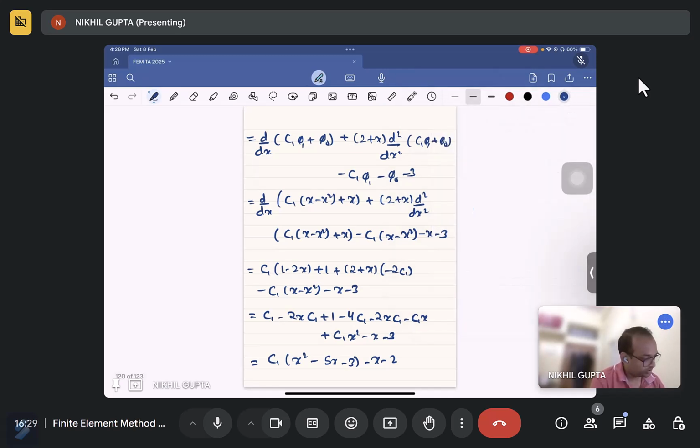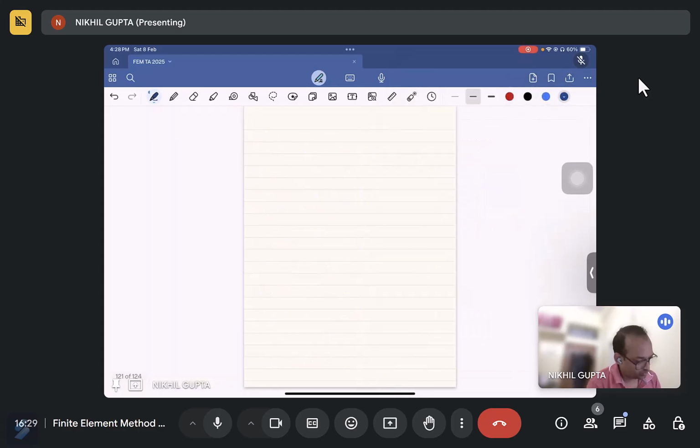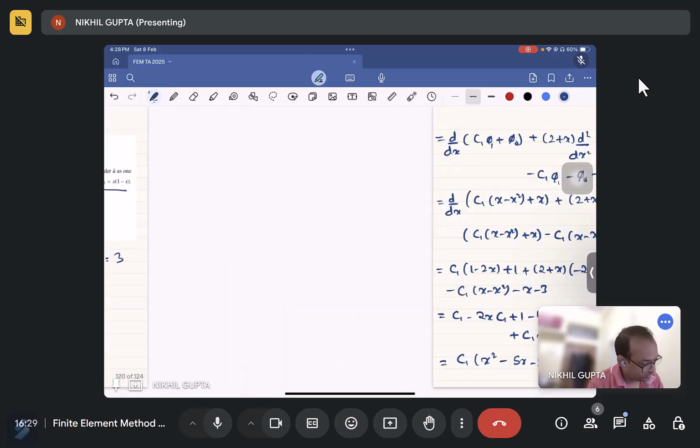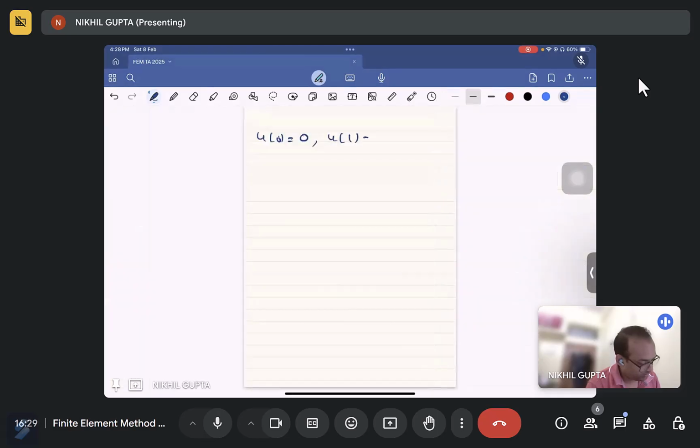we know that u0 is given as 0 and u1 is given as 1. Let's take a calculation at 1/2. We put it in and get c1 (1 by 4 minus 5 by 2 minus 3) minus 1 by 2 minus 2.